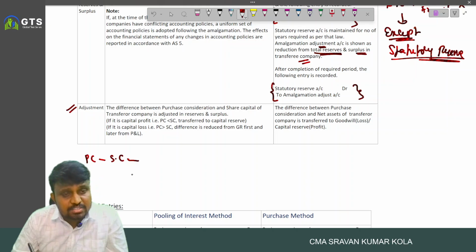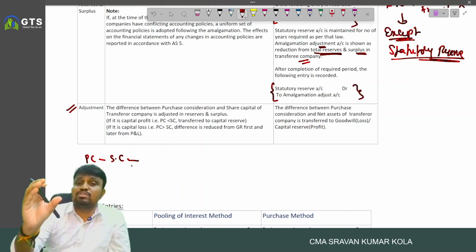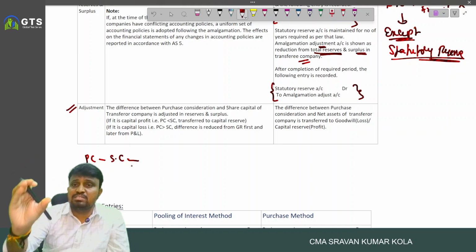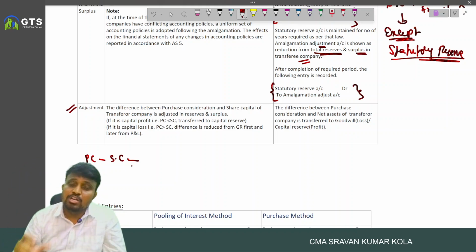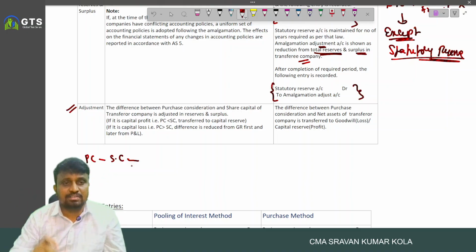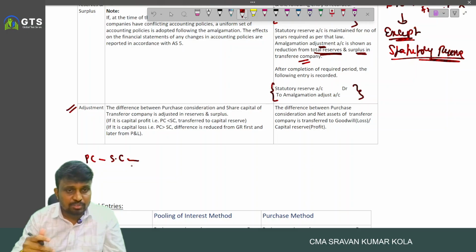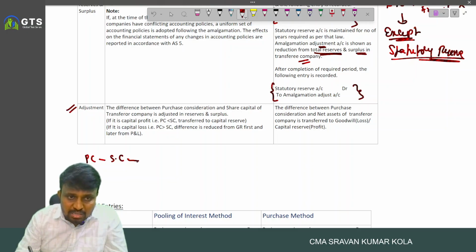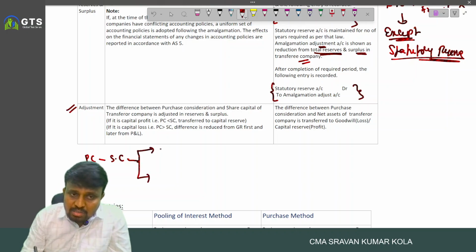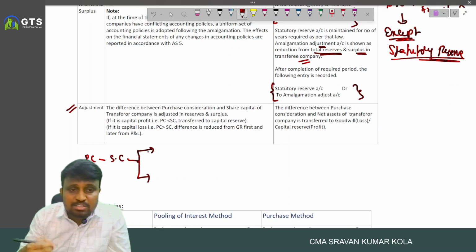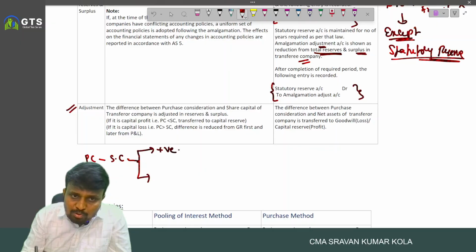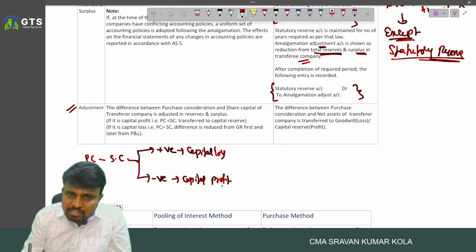For example, the transferor company's share capital is 10 lakhs and you are paying a purchase consideration of 15 lakhs, so you are paying more. If the PC is more than the share capital, that is, the difference is positive, that is a capital loss. If it is negative, that is a capital profit.